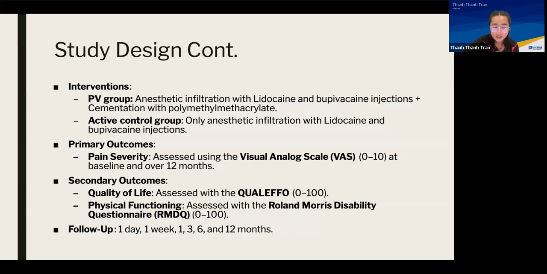The secondary objectives were to determine the differences between groups in mean changes of health-related quality of life and physical functioning during the 12 months follow-up. Quality of life was assessed using the QUALEFFO test. Physical functioning was assessed using the Roland-Morris Disability Questionnaire. The data were collected at 1 day, 1 week, and 1, 3, 6, and 12 months.